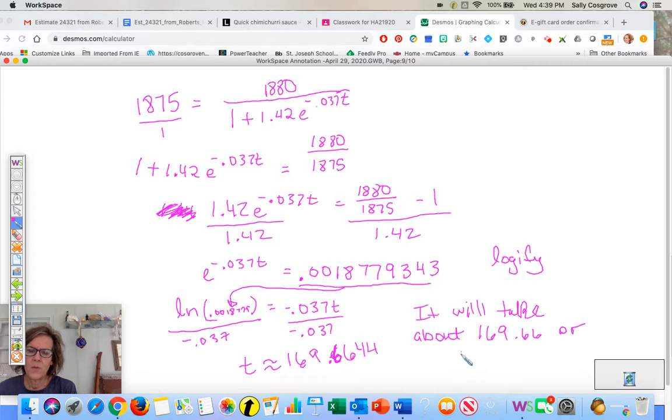Or 170 years for the fish population to reach 1875. All right, and that is using the logistic curve to help you figure out populations.